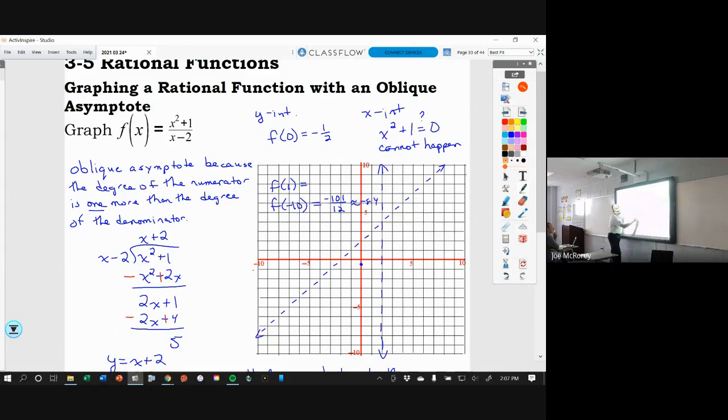So at negative 10, I'm at negative 8.4, about right here. And f of 1 is negative 2.